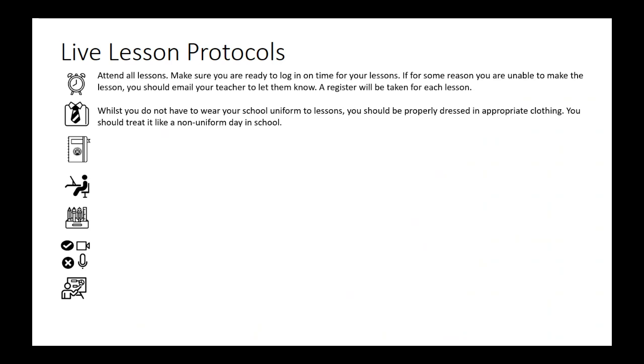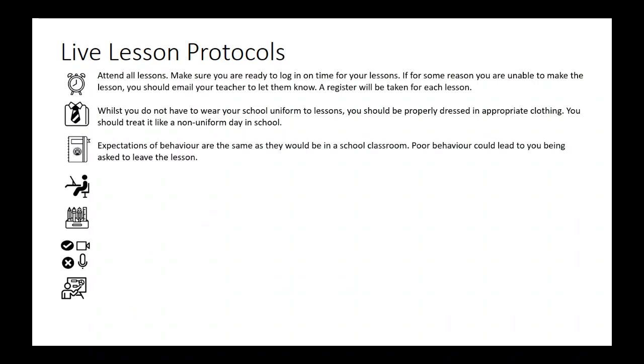Whilst you don't have to wear your school uniform for a lesson, pupils should be properly dressed in appropriate clothing. They should treat it like a non-uniform day in school. Expectations of behaviour are exactly the same as they would be in the school classroom. Poor behaviour could lead to a student being asked to leave the lesson.